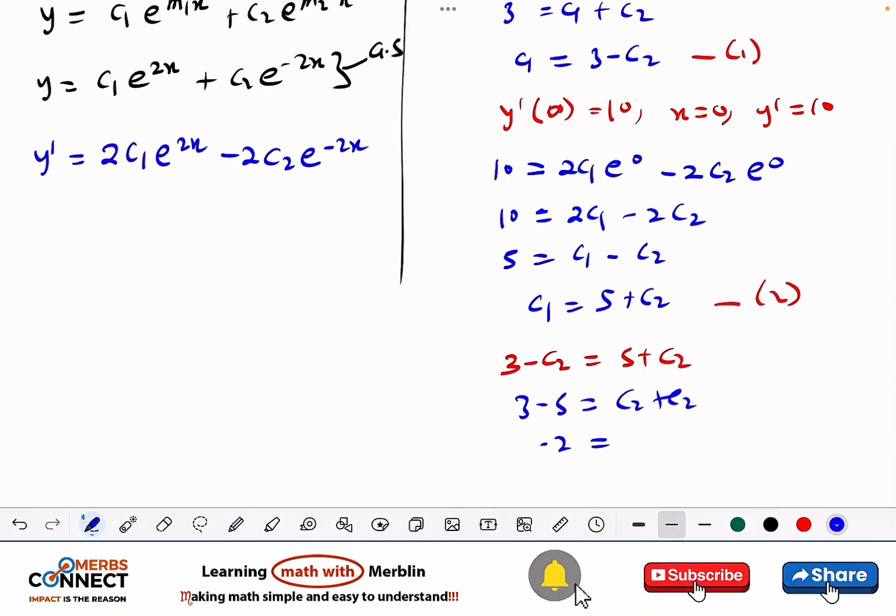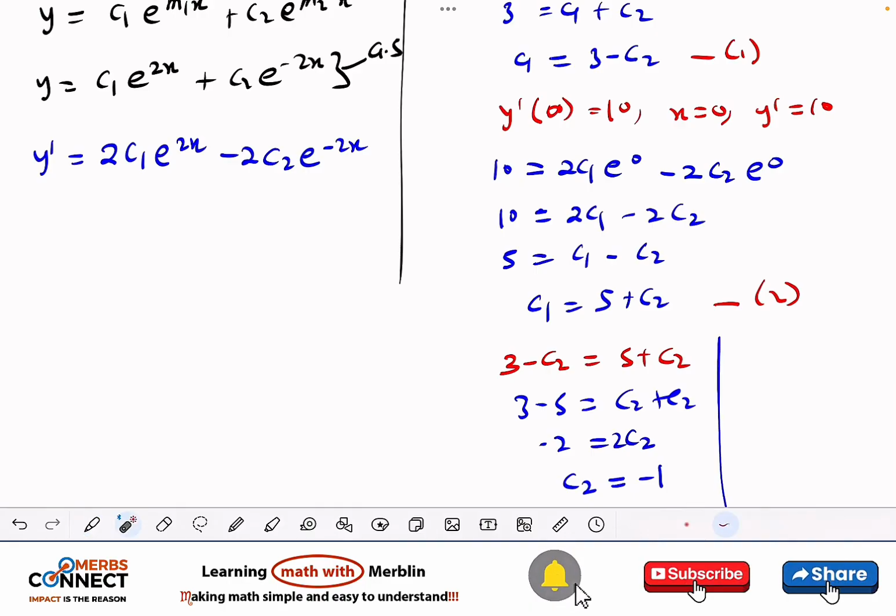So this is minus 2 is equal to 2c2, and c2 should be equal to minus 1. Now that we know c2 to be minus 1, we can plug it into equation 1 or equation 2 to find c1. Any of them. From equation 1, we are going to have 3 minus minus 1, which is 3 plus 1, and c1 will be 4. When you plug it in here too, you are going to get 4.